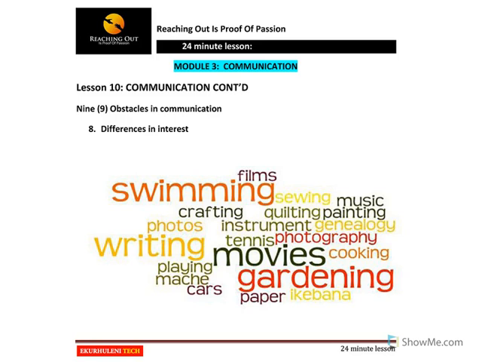The next obstacle is differences in interest. People have different interests. Sometimes you might try to communicate something to a certain group of people who are not interested in your message. For example, pretend that you are a supervisor and you have been sent to communicate to a group of people who are about to demonstrate because of low pay.